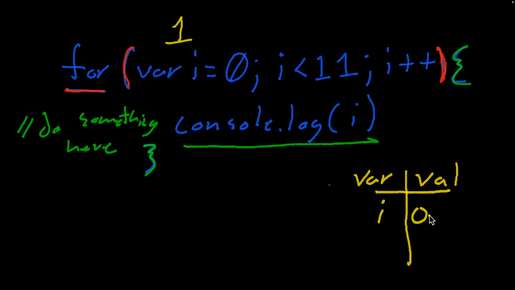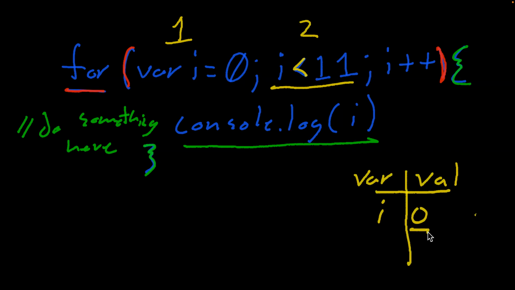Then step 2 is to look at this statement here. Well, i is less than 11. That less than sign is checking if i, the current status of i, which we just said was 0 here, is less than 11.